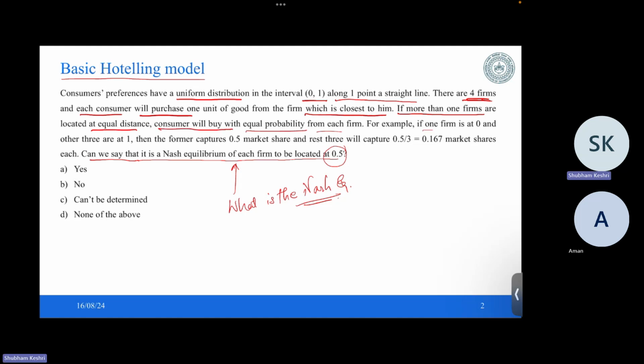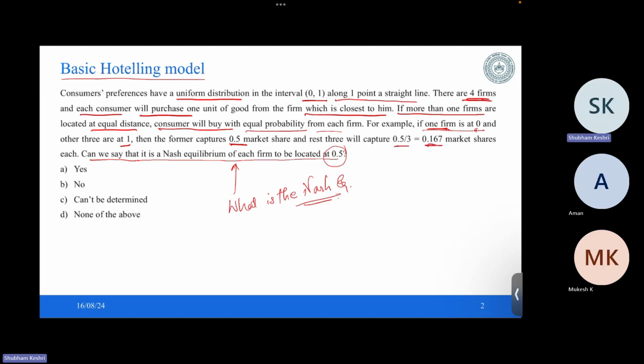For example, if one firm is at 0 and other 3 are at 1, 0.5 of the market will be taken by the firm which is at 0, and the rest, which is 0.5 divided by 3, will be divided between the 3 firms which are at 1. Okay. So what will be the Nash equilibrium of this game?